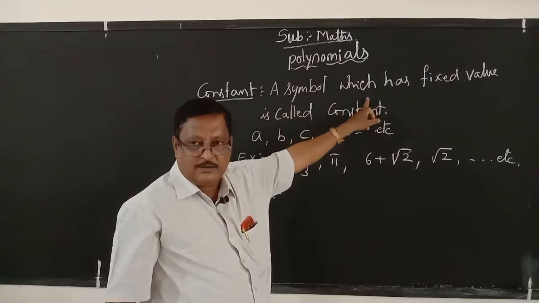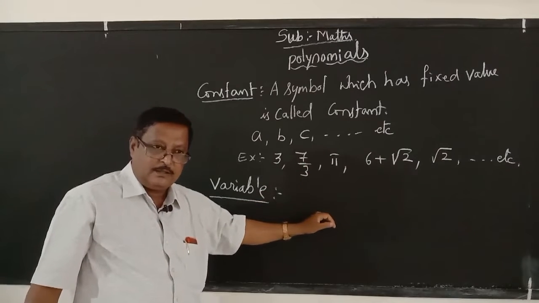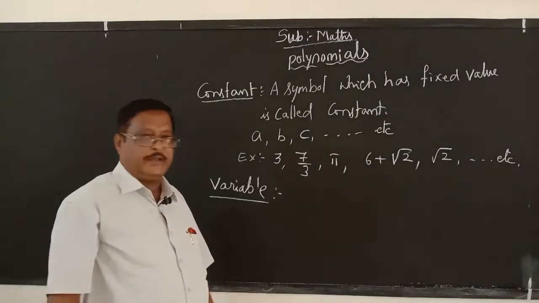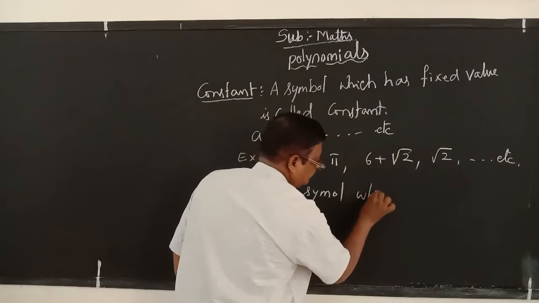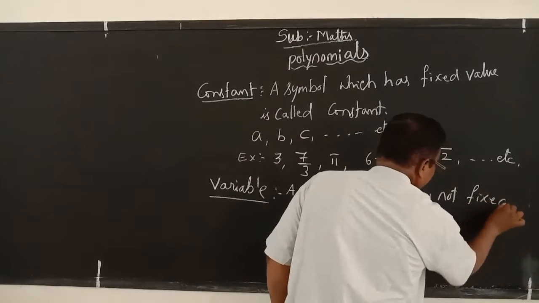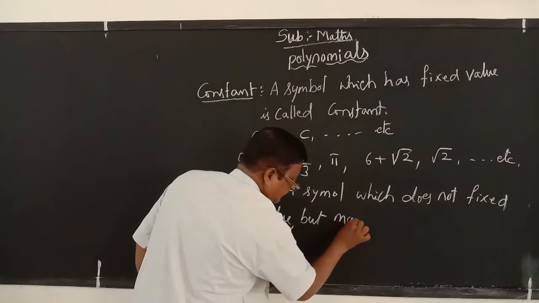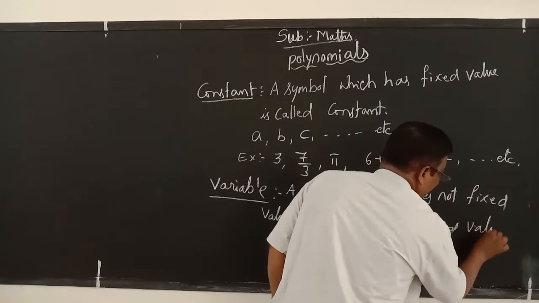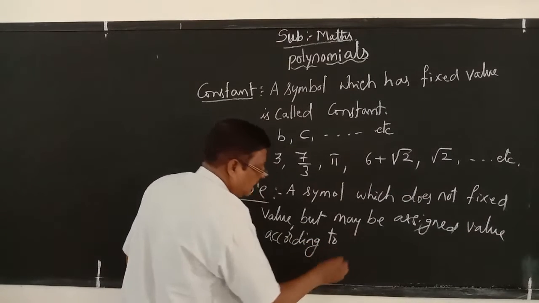A symbol which does not have any fixed value but may be assigned a value according to requirement or situation is called a variable.